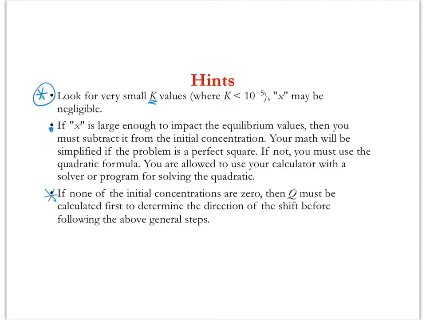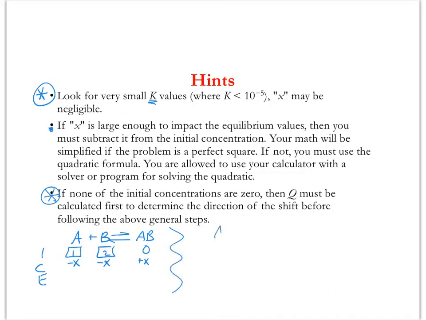This is also very important. In the examples that we were looking at, we were given initial values for the reactants, and the initial value for the product was 0. So we knew that this would have to be gained and this would have to be lost.